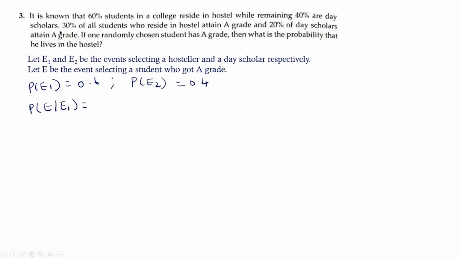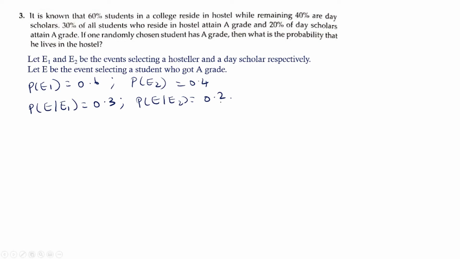It is given 30% of students who reside in hostel get A grade. So we have taken E as the event selecting a student who got A grade. So probability of E given E1 will be 30%, 0.3. Then probability of E given E2 is the probability that the student got A grade given the student is a day scholar. It is 20%, 0.2.